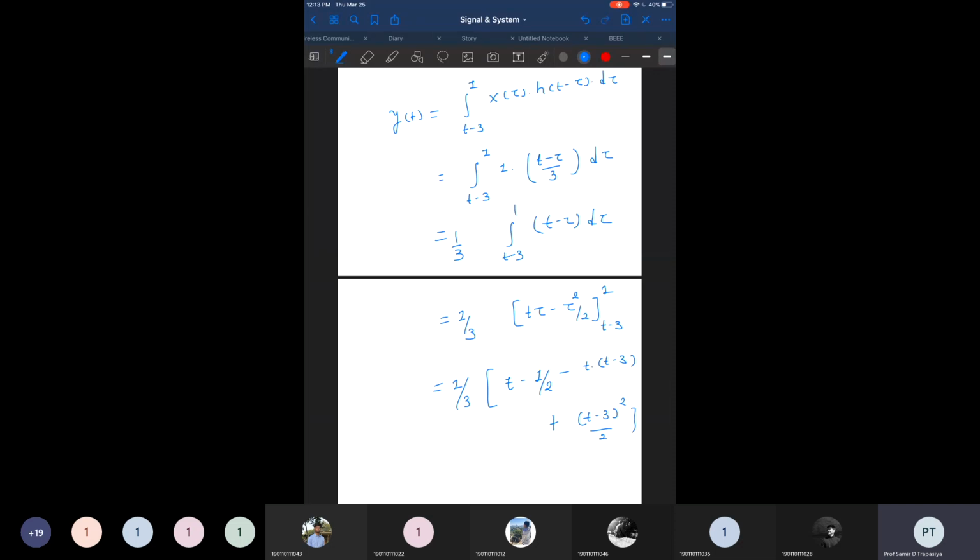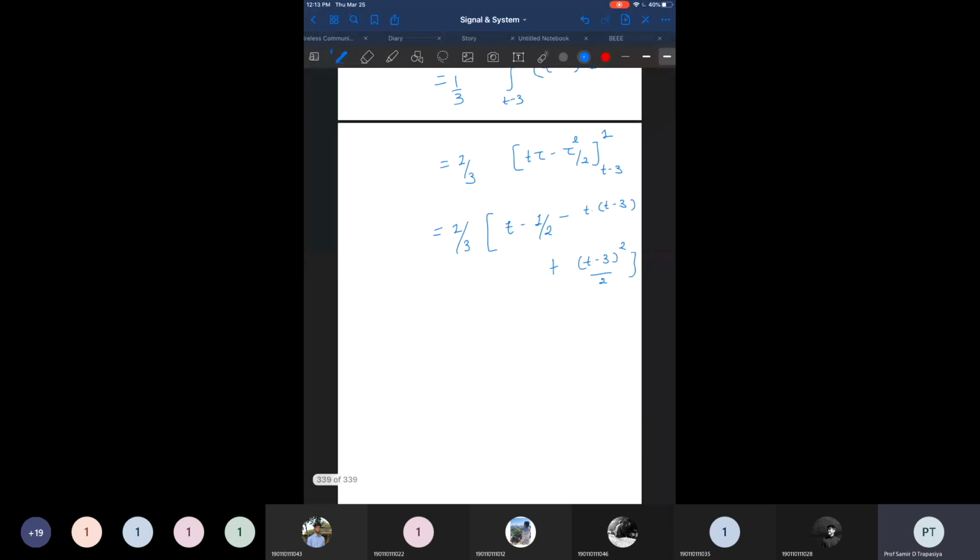Now if we take 1 by 2 common, we are left with 1 by 6, and it becomes 2t minus 1 minus 2t times (t minus 3) plus (t minus 3) whole square. Now if you solve this equation, that is 1 by 6 times 2t minus 1 minus 2t square plus 6t plus t square minus 6t plus 9.